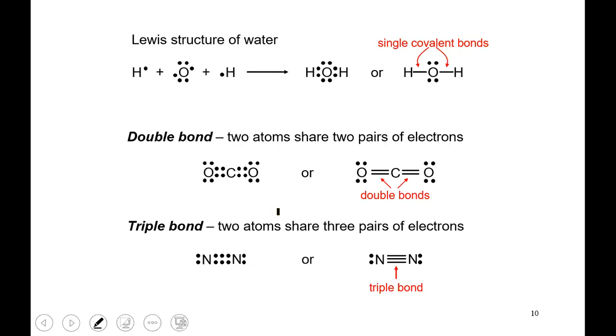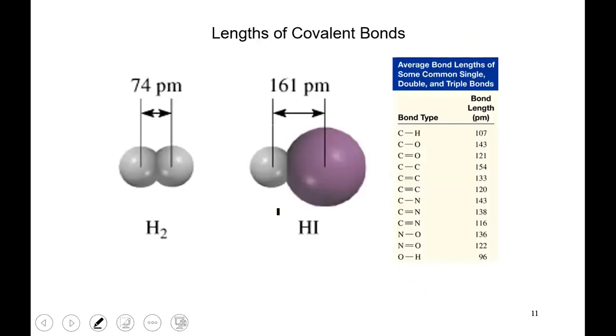And we saw in the recorded lecture with the periodic properties of elements that the sizes of elements are going to depend on, what is the outermost shell occupied by electrons, right? So for example, a hydrogen molecule, which has a single bond, would have a bond length of about 74 picometers.